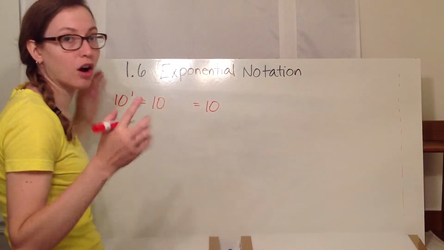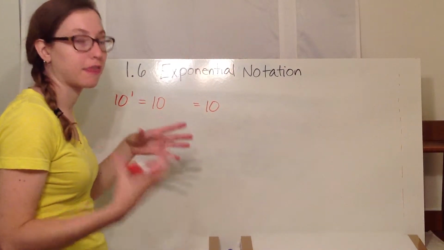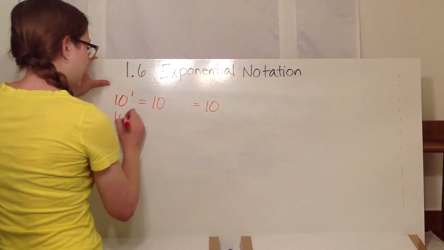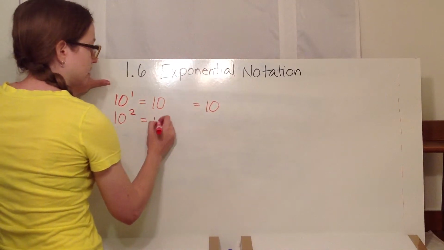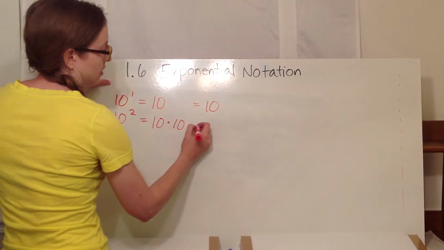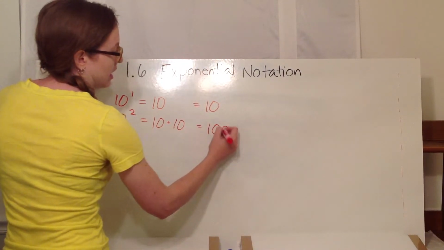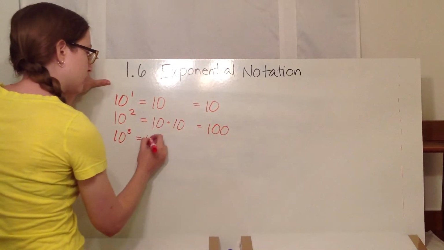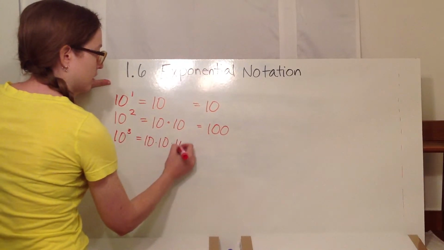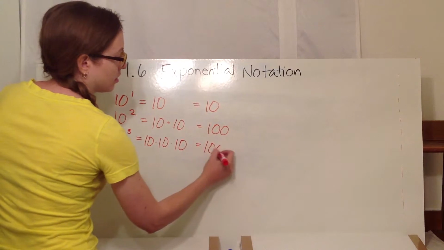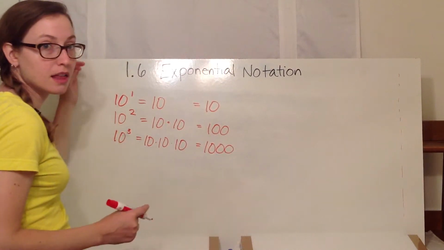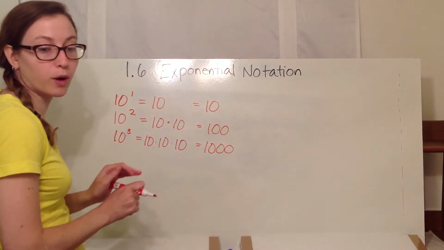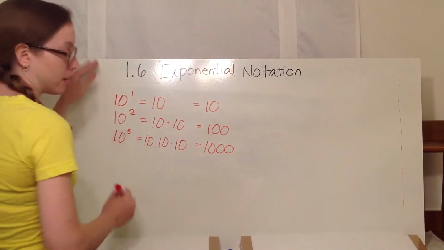Obviously, anything only one time is that thing. 10 to the 2nd, 10 times 10, is 100. 10 to the 3rd is 1,000. The pattern's going to continue. I'll show one more, and then we'll talk about what the pattern is.